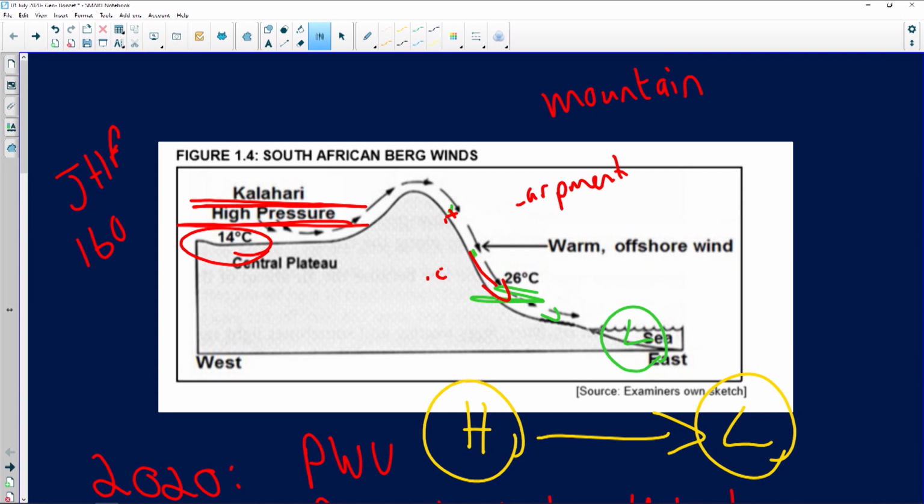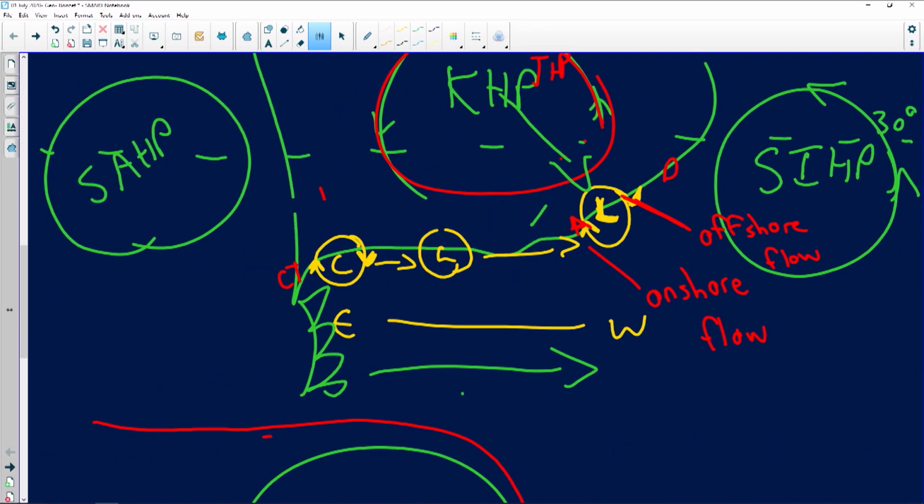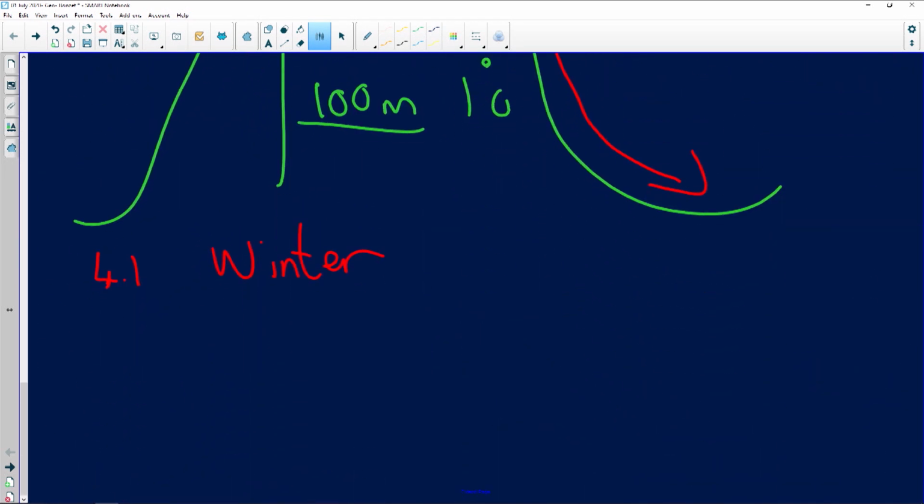We have 14 degrees temperature over there. And we're experiencing offshore flow of warm winds. Okay, let's just write it down for the learners at home copying this down. So what's the reason that we can say it's winter?